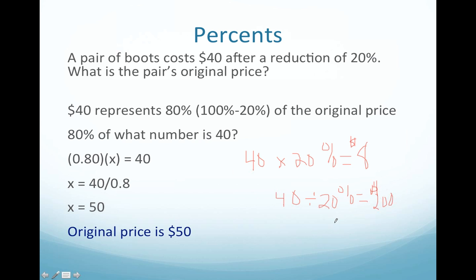I mean, if that was happening, then all of those 25% discounts in the store off of 100 bucks, people would be walking out paying pennies for clothing items and stuff like that. So that doesn't make sense either. So dividing or multiplying by 20%, the answers just don't make sense. So we wouldn't want to do that. Okay. And if you were starting to do that, then you would look at it and say, that answer's not going to make sense. Let me try something different. Okay, because that's just not going to work.